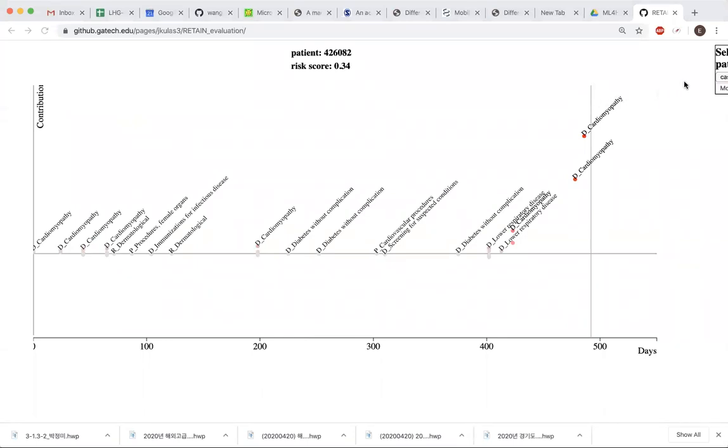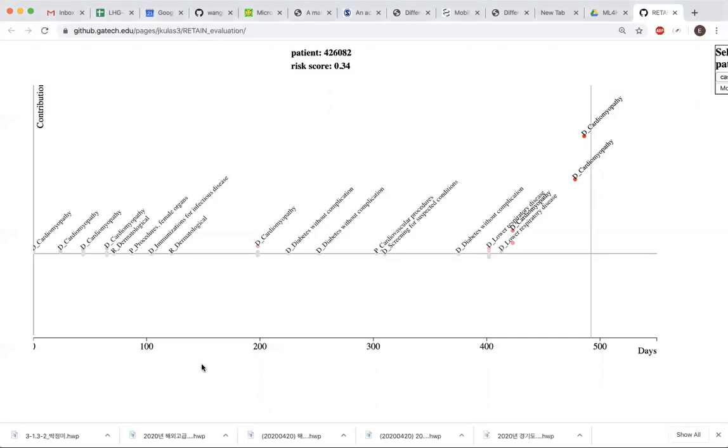It's a very crude visualization. All right, so. Oh, good. Can everybody see this? Okay, cool.